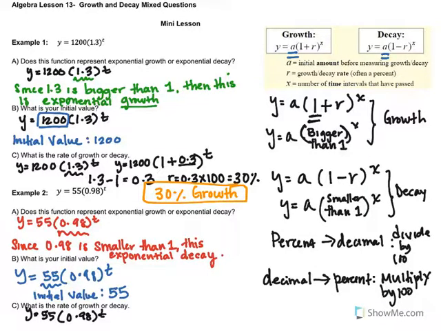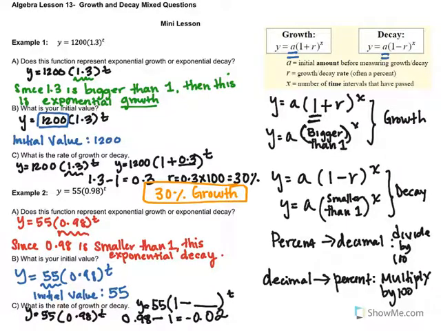So again, I'm going to do the same thing I did before. This is a decay, so I'm looking for something that when I take it away from 1 gives me 0.98. I'm trying to figure out what do I take away from 1 to give me 0.98. So I'm going to do 0.98 minus 1, and that's going to give me negative 0.02.